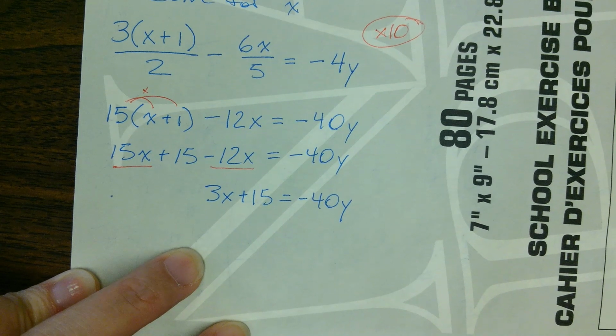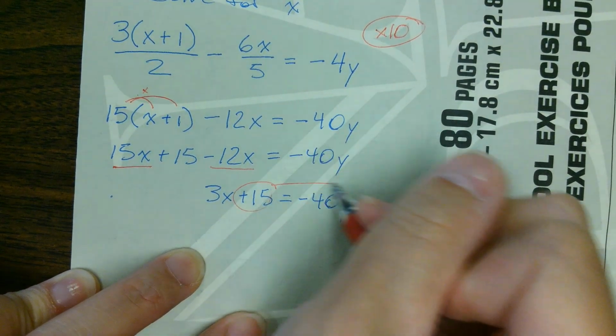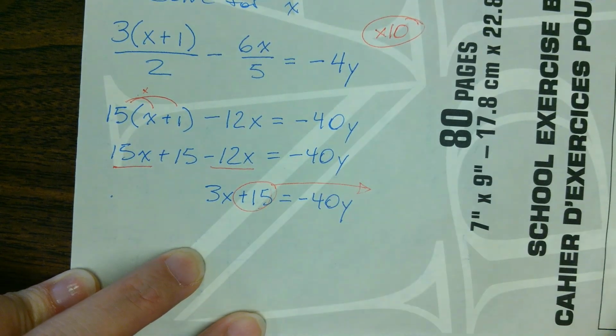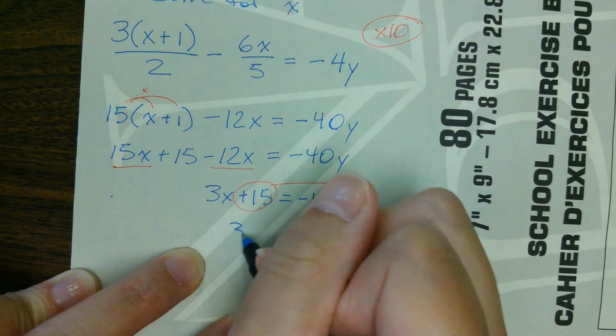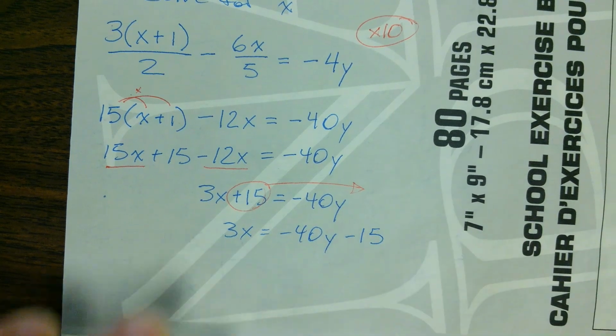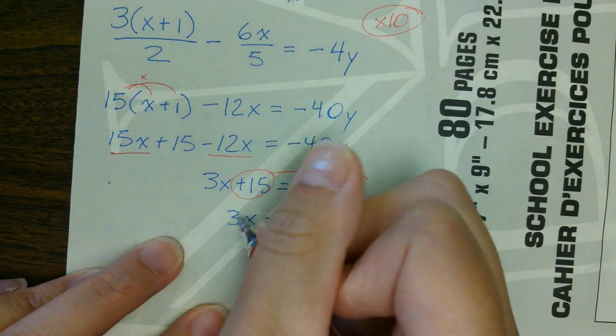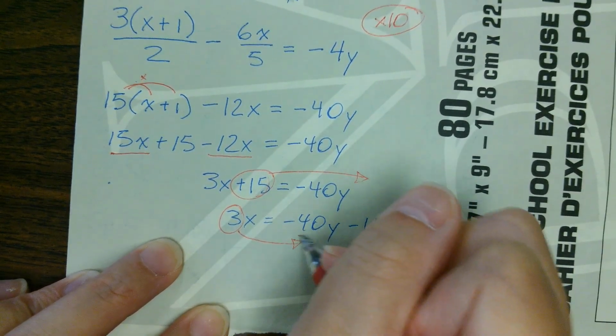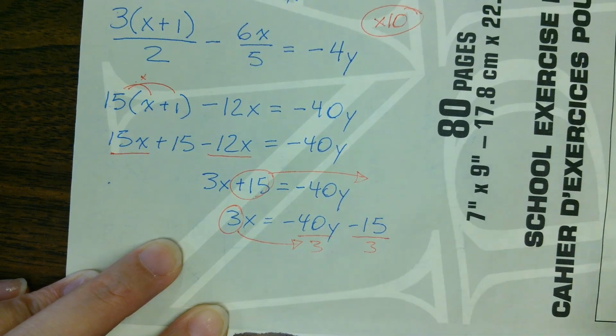Now move the 15 over because I'm solving for x. So it becomes minus 15. So 3x equals negative 40y minus 15. Now you move the 3, and this over 3.